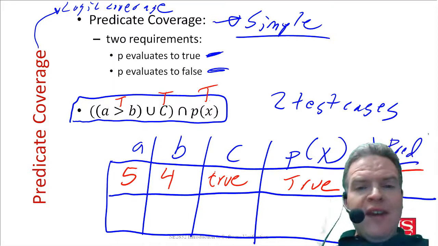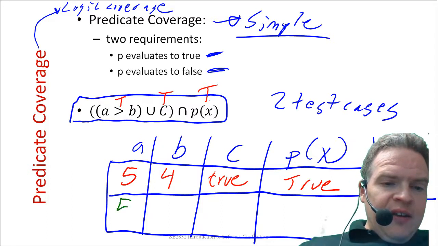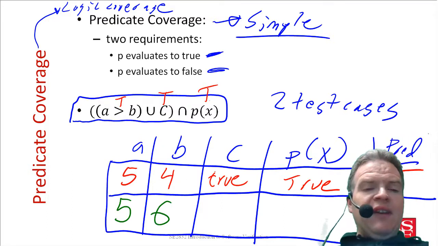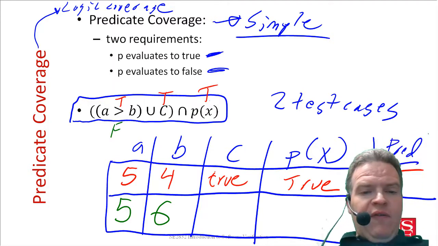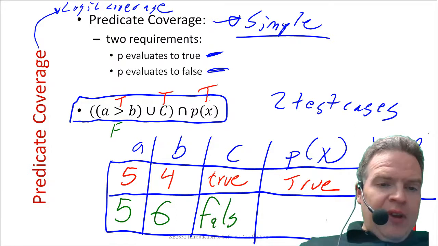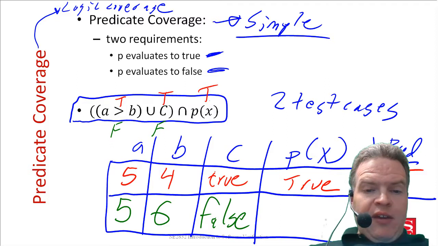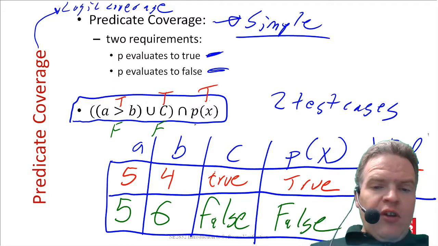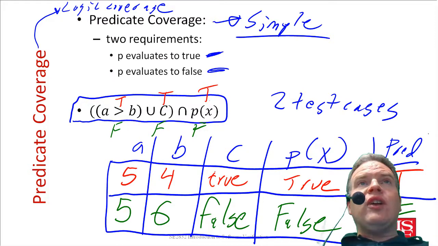For my other test case, I'm going to pick 5 and 6, which makes this clause false. I'm going to pick this to be false, which makes that false, and P of x to be false, resulting in my predicate being false, like so.